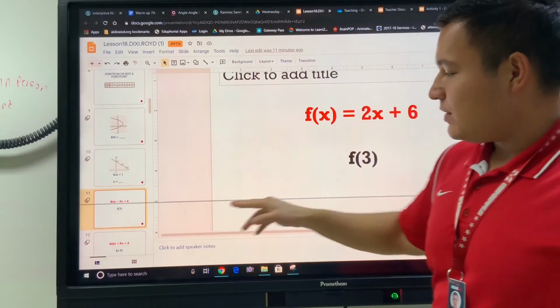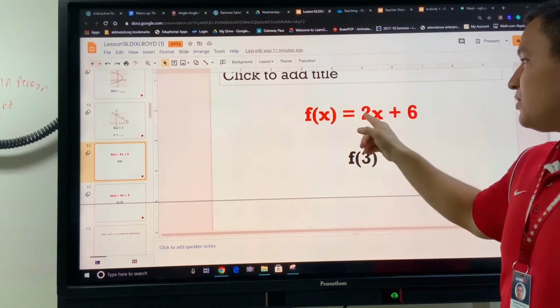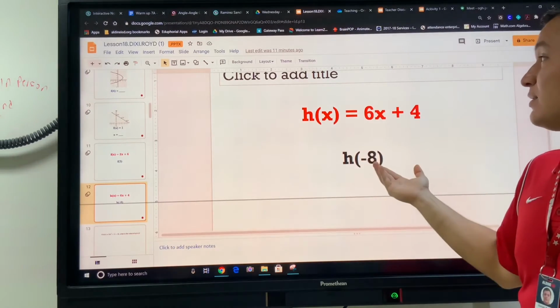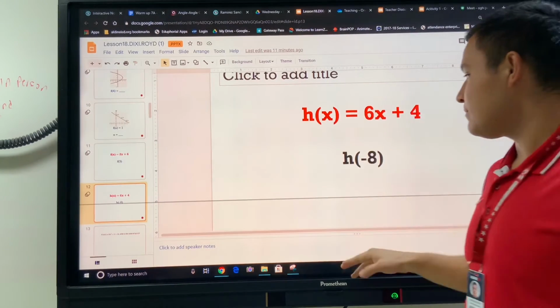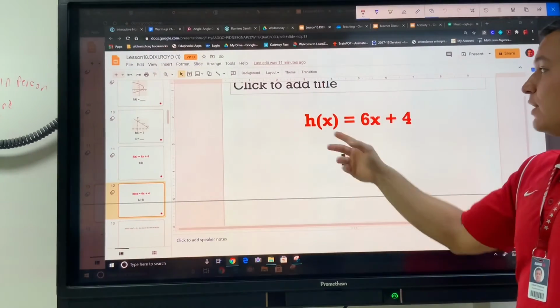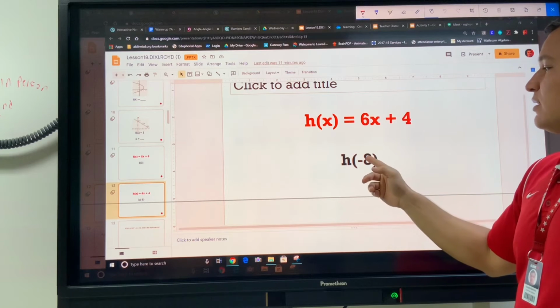We should know how to do this already. You just replace x with 3, so you'll put 2 times 3 plus 6. You should be good with a negative number, but we can write it anyway. Let's do this one. H of x equals 6x plus 4, and we're going to plug in the number negative 8.